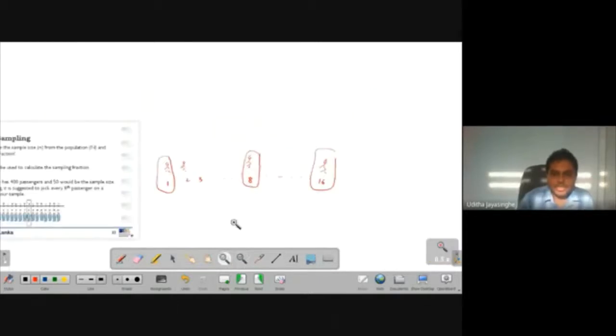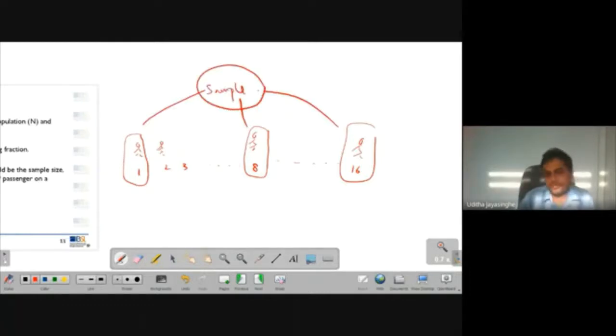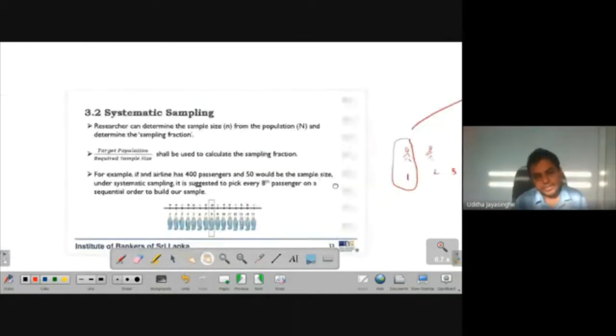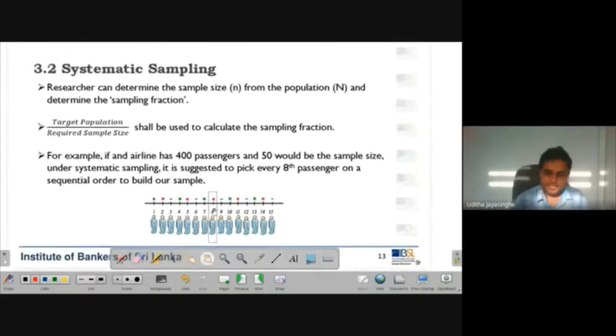What about all the other second, third, 9th, 10th? No, those are not going to be selected. These chaps are going to come into my sample: 24th, 32nd, 40th. These passengers are going to create the sample of 50, 50 passengers out of these 400 airline passengers. It's systematic, it's organized, it's sequential. It's a very effective manner.